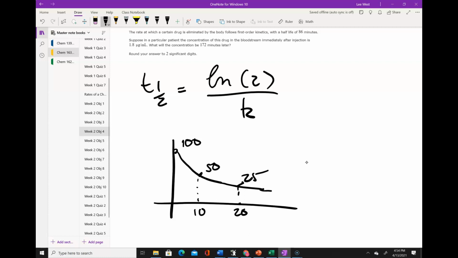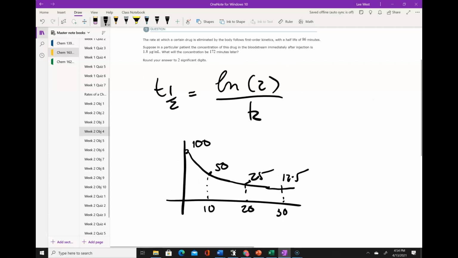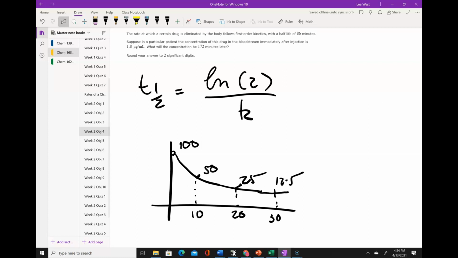It doesn't change, right? So if I want to go to 12.5%, you guessed it, it's going to take another 10 seconds. So the half-life is a constant. It also means if we have the half-life, we can get the rate constant really easily. Okay, so that really helps us out.